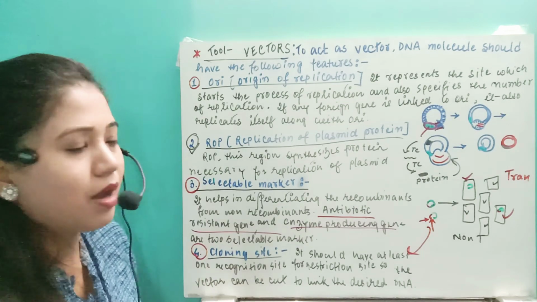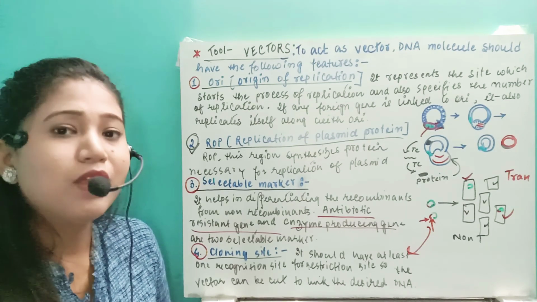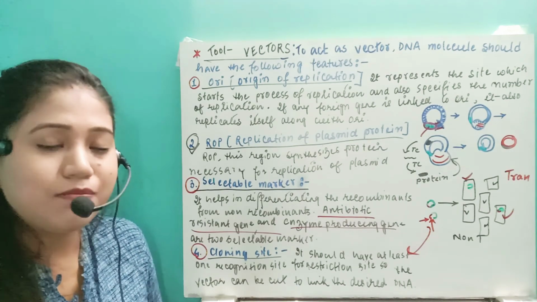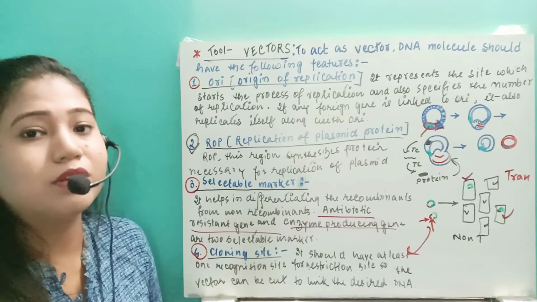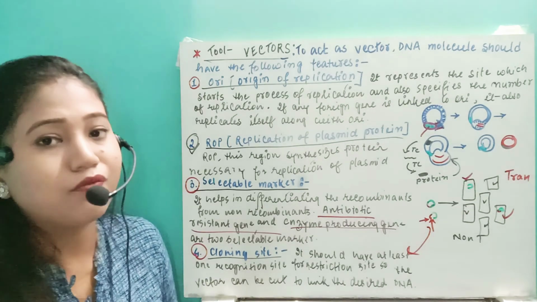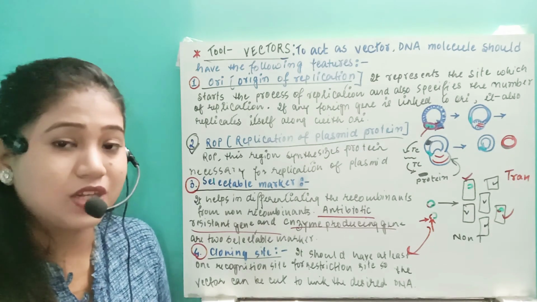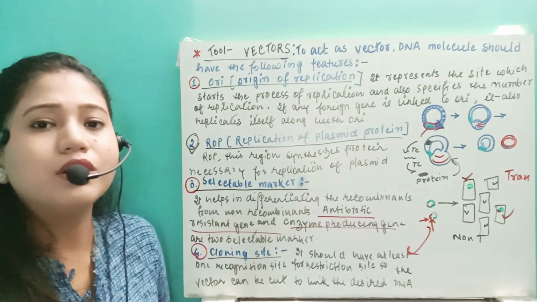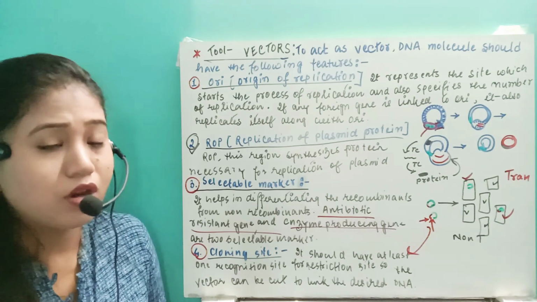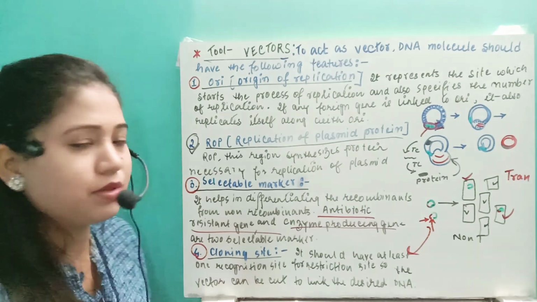Next, the selectable marker: whenever we have introduced our rDNA into the host body, that host body can be separated from another organism, another bacteria or some other foreign particle. How are we able to find the recombinants which have our desired gene fragment from the non-recombinant or non-transformant? With the help of the selectable marker.